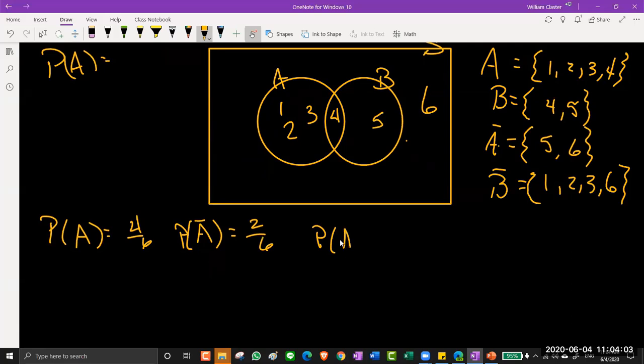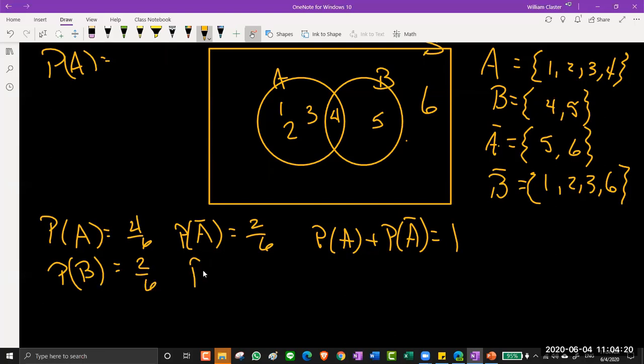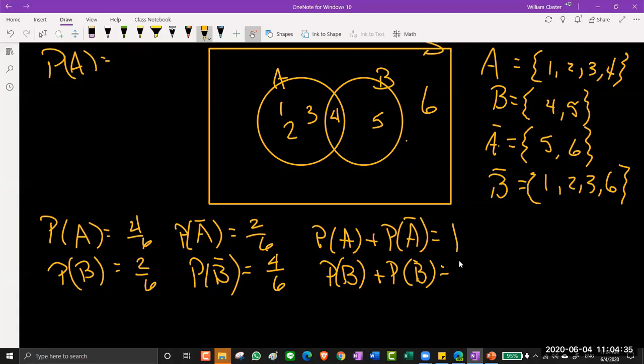What's the probability of A plus the probability of A complement? 1. And what's the probability of B? 2 out of 6. What's the probability of B complement? 4 out of 6. What's the probability of B plus the probability of B complement? 1. This is always true.